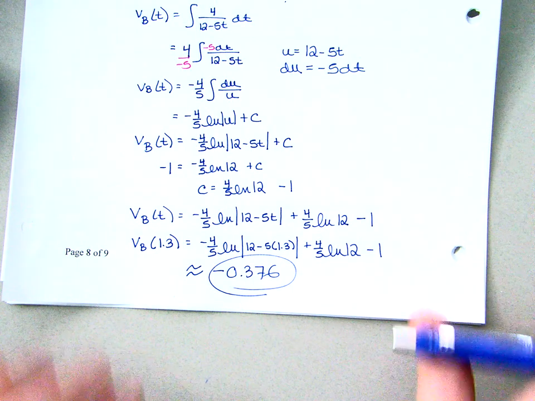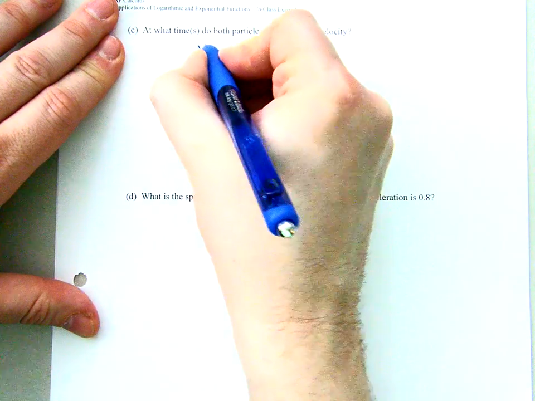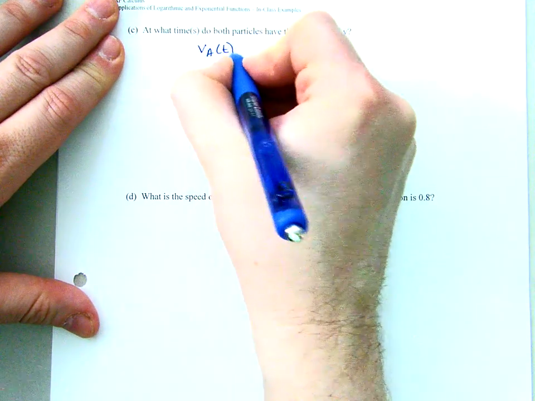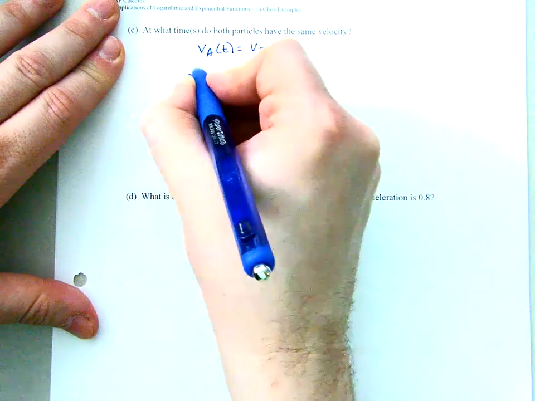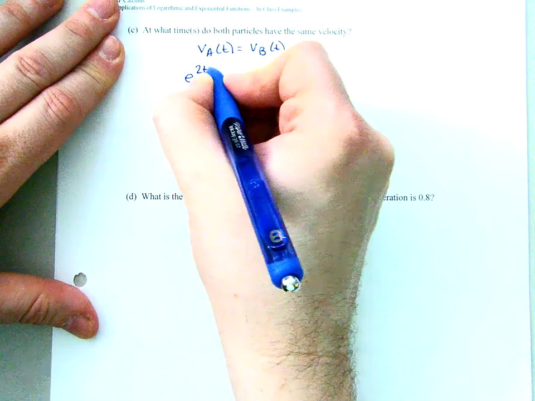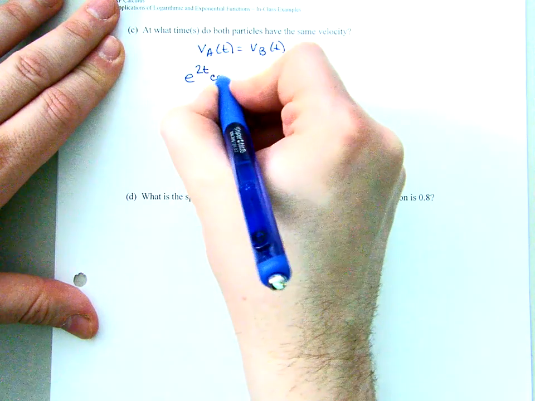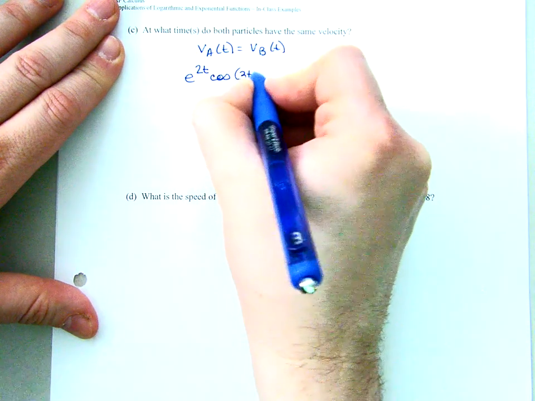Well, what are we really doing? You're right. Setting them equal. So I want to say the velocity of particle A equals the velocity of particle B. I would probably just graph them and then do something with that.